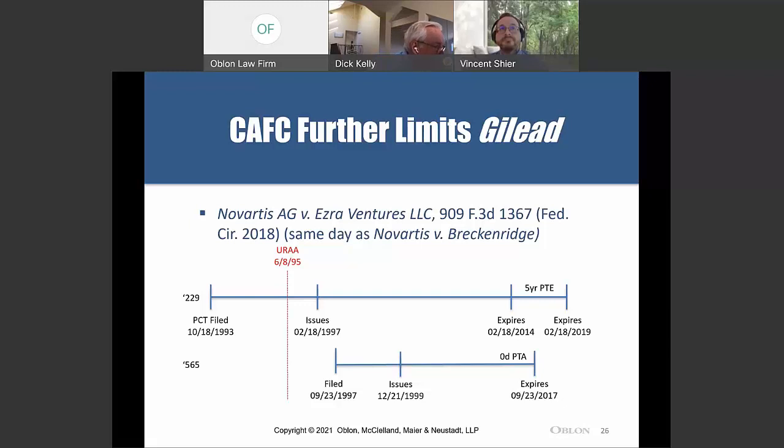And in 2014, when the 229 patent naturally expired, you could go ahead and have your ANDA granted and begin the generic competition, and the 565 patent would have no effect since the label of the generic would not have the patented indication.